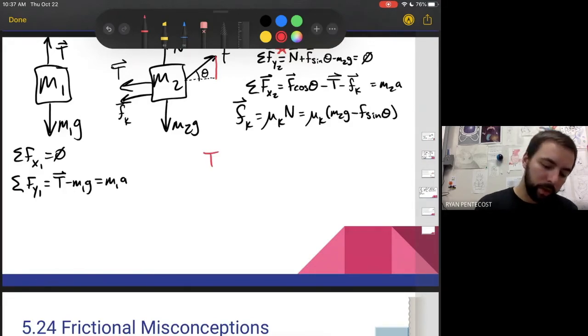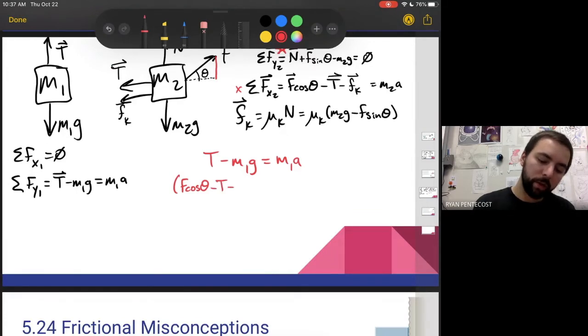So we have T minus m1g equals m1a. Then we will add the other forces. We have F cosine theta from right here minus tension minus the friction that we have right here, mu k times quantity m2g minus f sine theta. That would equal m2a.